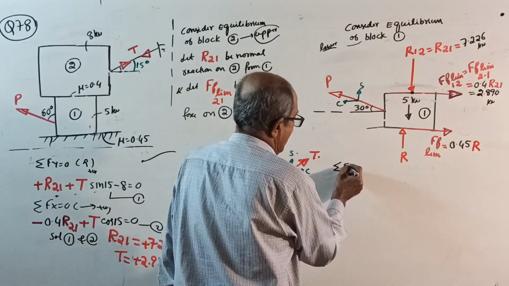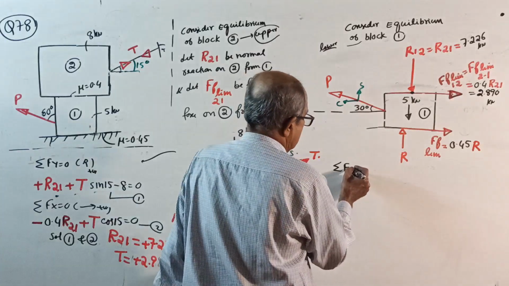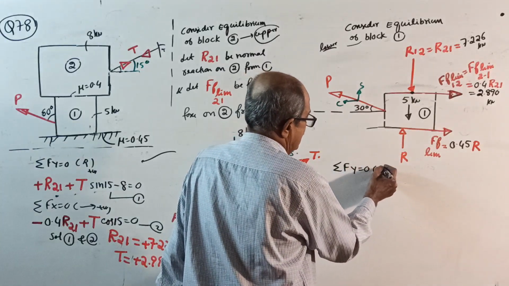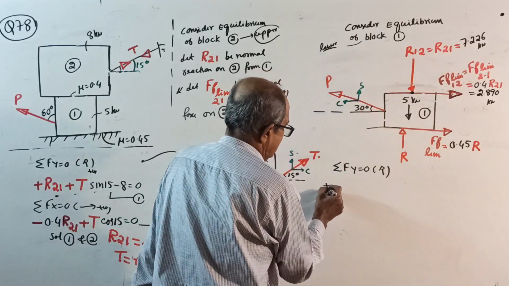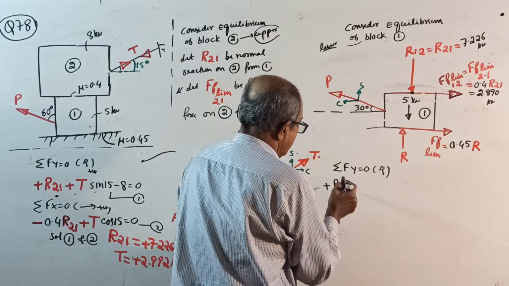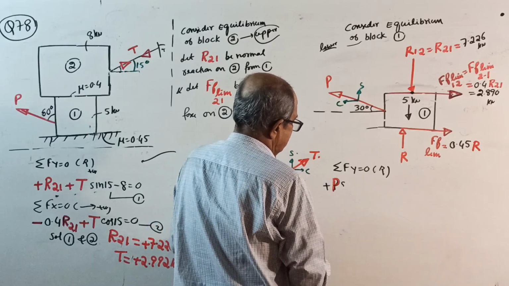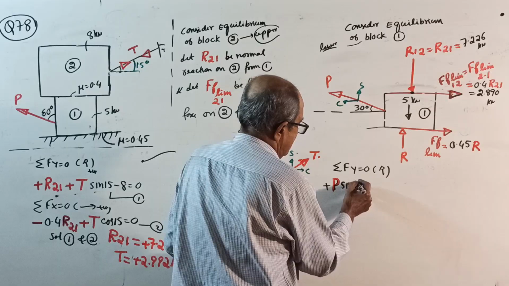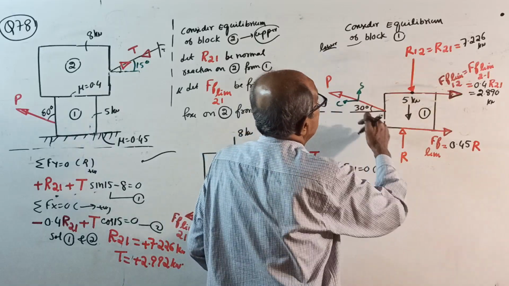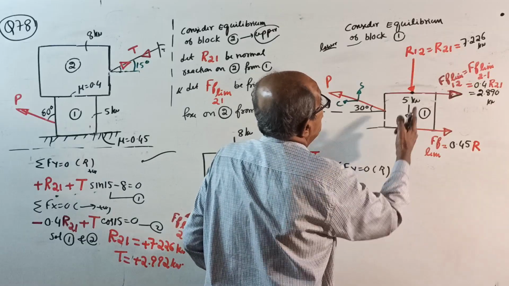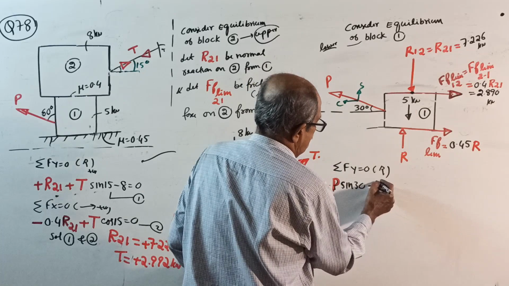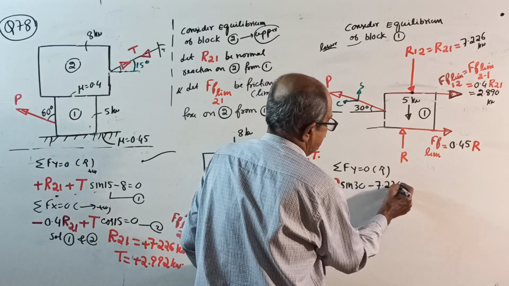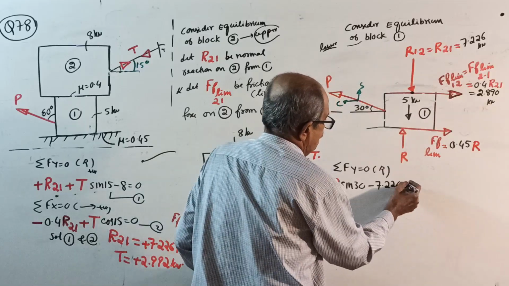Sigma, I will use black color only. I won't use red color now. Sigma Fy equals 0, Y upward positive, plus P sin 30, P should be red color, minus 7.226, also minus 5, that's all.